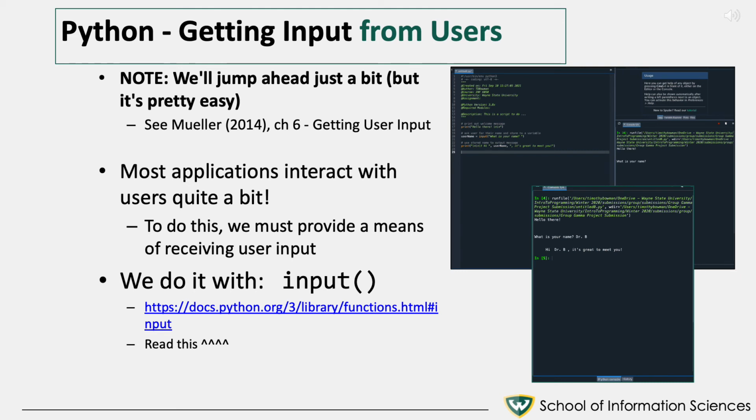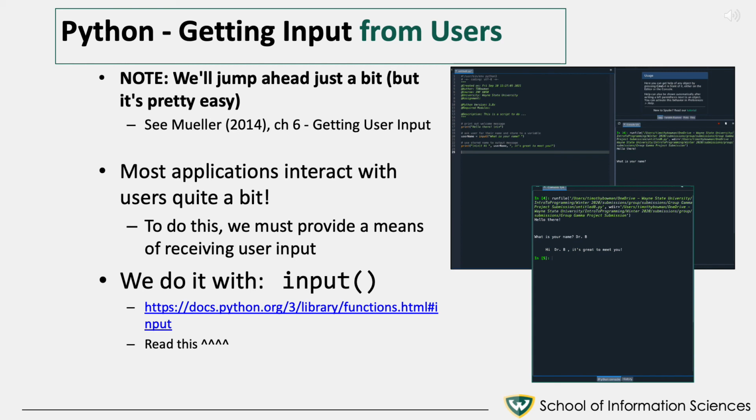Why do we need input from users? Well, if you think about almost any application you use on the computer, anytime you click a little icon on a desktop, you are giving input to the software. So we need to interact with users quite a bit. I would imagine that most of your group projects at the end of the semester will take some sort of user input.